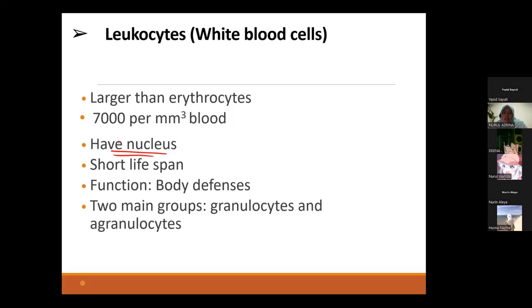The function of leukocyte is to defend our body against infection and so on. There are two main groups of leukocyte, which are granulocyte and agranulocyte.